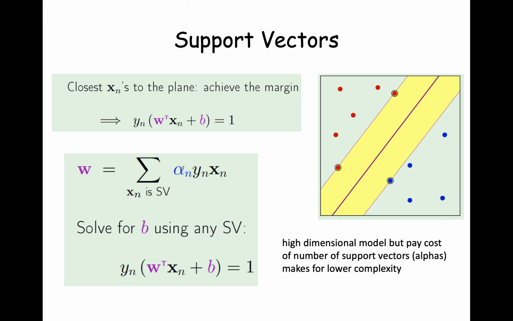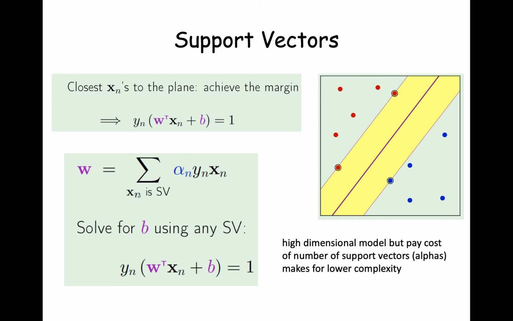Because in the QP solving problem, it was those non-zero alphas, those positive alphas, that were the points we need to make a decision about. So for W, you have full descriptiveness for the dimensionality of W, but the cost you pay in terms of complexity is only in terms of the number of support vectors.